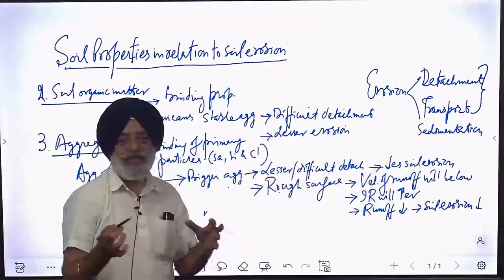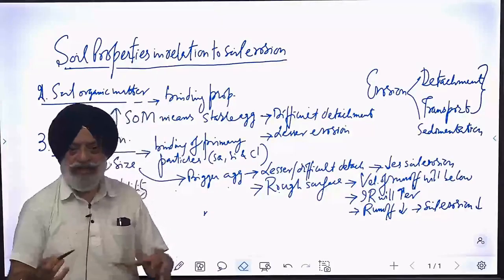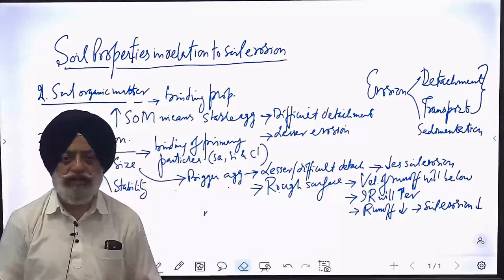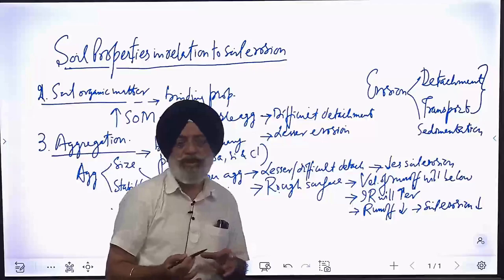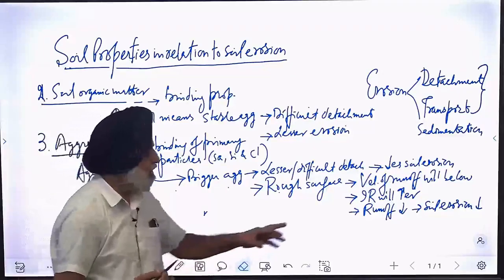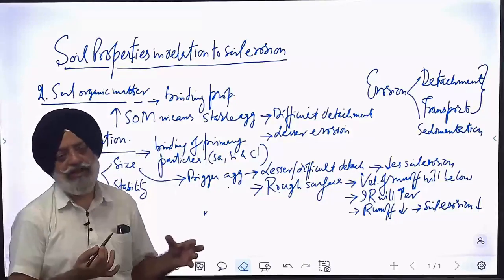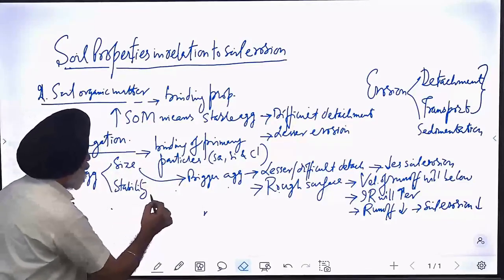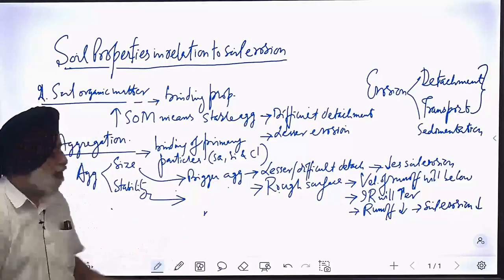So, aggregate size has two effects. One is that because it is bigger, it is difficult to detach, and it creates a rougher surface. When the surface of the soil is rough, the residence time of the water moving over it will be higher. Higher residence time means higher infiltration rate, and higher infiltration rate means lower runoff and ultimately lower soil erosion. This is the effect of aggregate size. Then the effect of aggregate stability. Simply, the more stable the aggregate, the more difficult to detach.